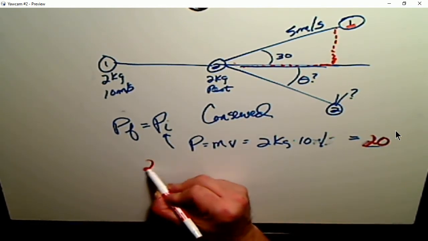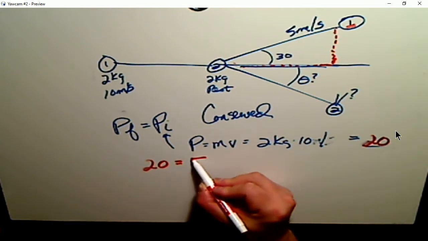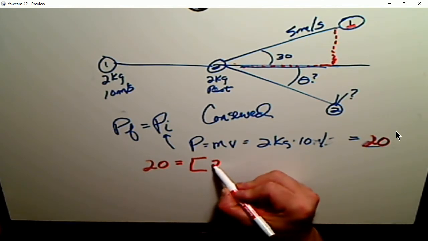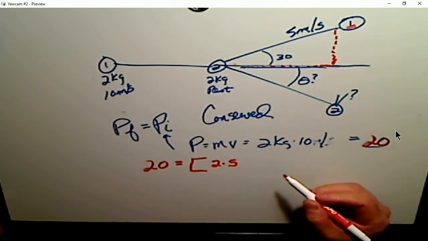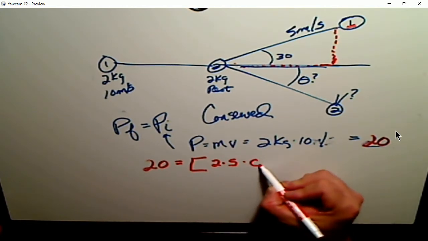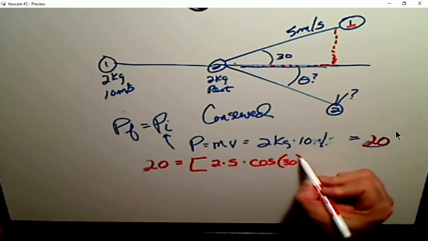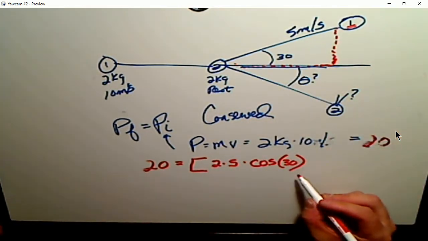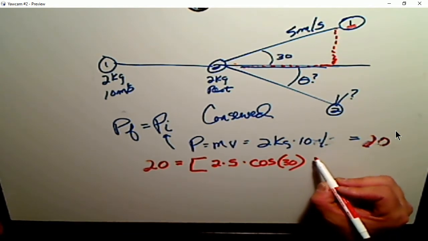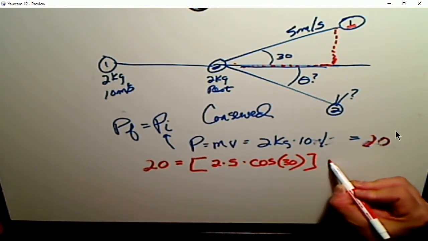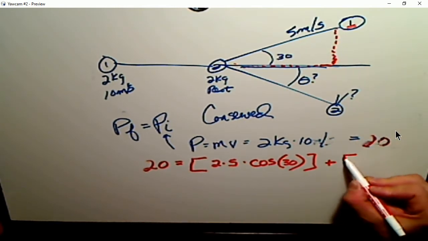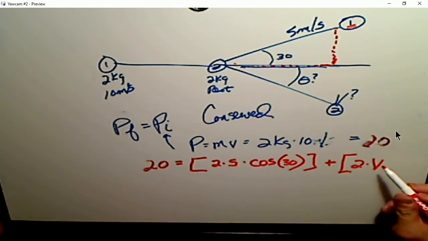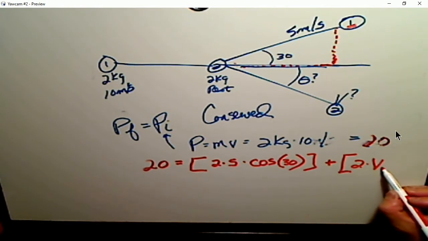So, 20. The momentum of the ball in the x direction is 2 times 5 times cosine of 30, right? The portion of this vector that is in the x direction is cosine of 30 times 5, plus 2 times the velocity of ball 2 in the x direction.